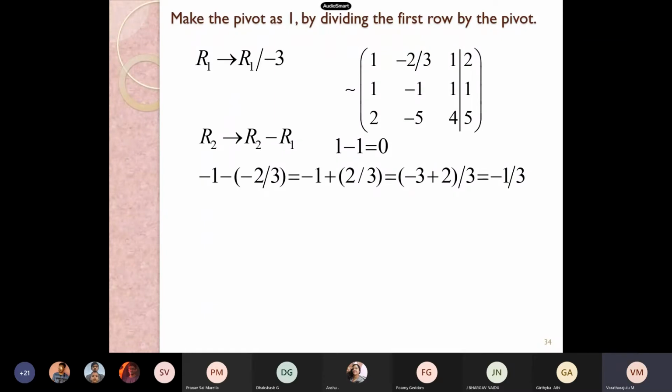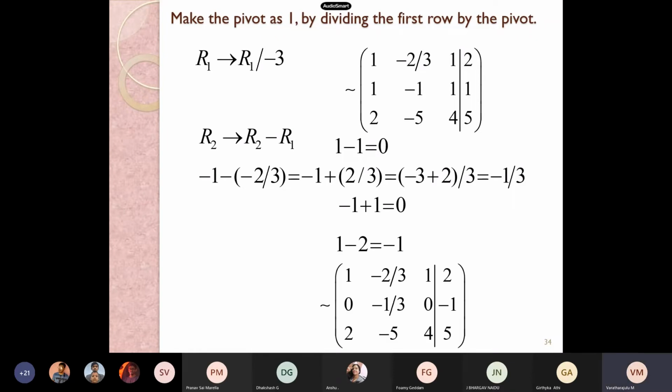And then what we need to do, in Gauss elimination, we converted the terms below the pivot into 0. Apart from the pivot, convert all other terms into 0 with the aid of that pivot. And this is what we did in the Gauss elimination method.